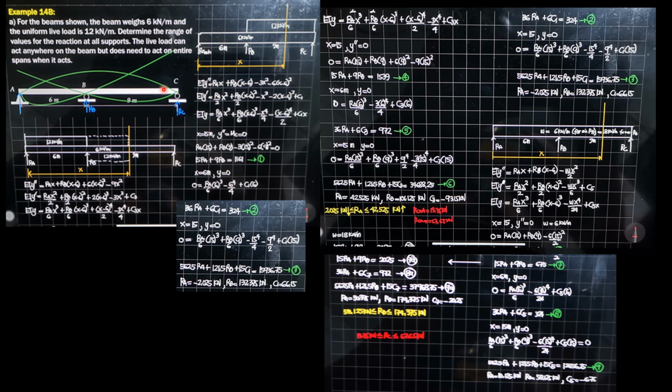So the live loads will be placed outside, on the ground. So therefore, the load remaining to cause minimum RB would be that of the dead load only. So that's why this is the loading when we want minimum RB.